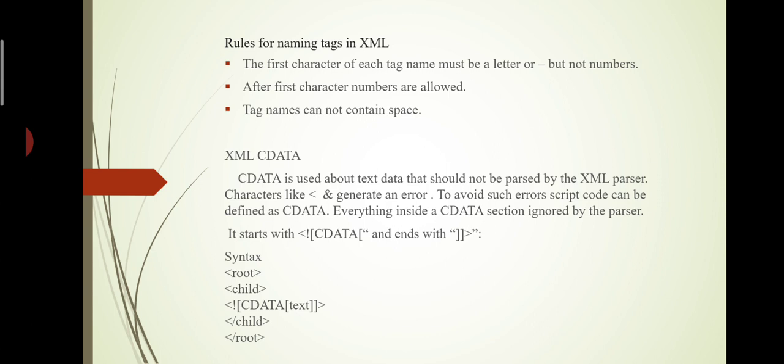Once the first character is finished, from the second character onwards, it can be followed by any other character, that is alphabet or underscore or a digit. Tag names cannot contain space. That means we should not use any special characters except the hyphen in the tag names.